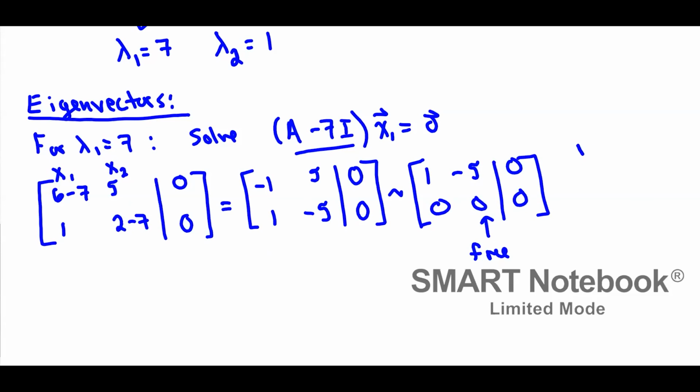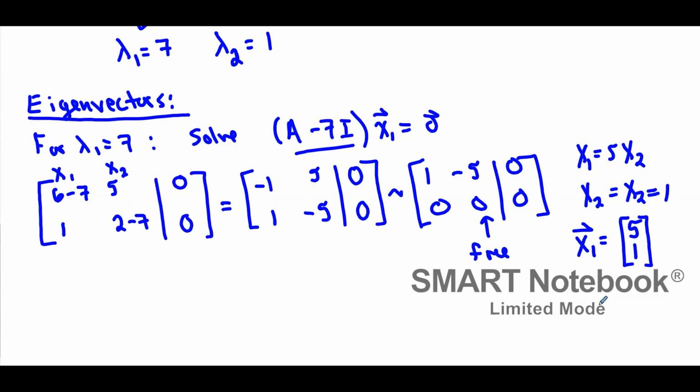I'll write it over here. So x1 is 5x2 and x2 is free. So if I let x2 be 1, then I get my first eigenvector. If I let x2 be equal to 1, then this will be 5, 1. So there's my first eigenvector.